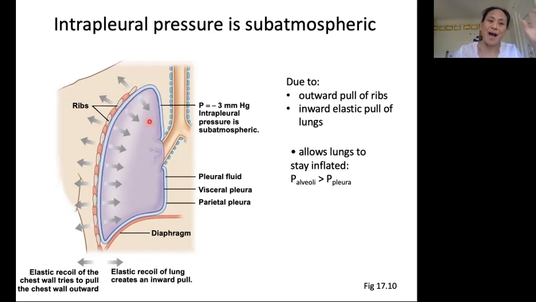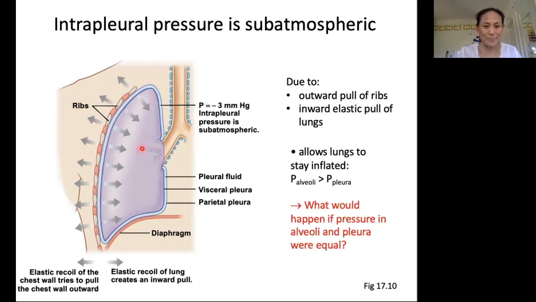We have a higher pressure in the alveoli than we have in the pleural space, which means that this pressure that's inside the lungs is kind of propping them open, okay? We're pushing out on the lungs to keep them inflated, okay? Hopefully that makes sense to you.